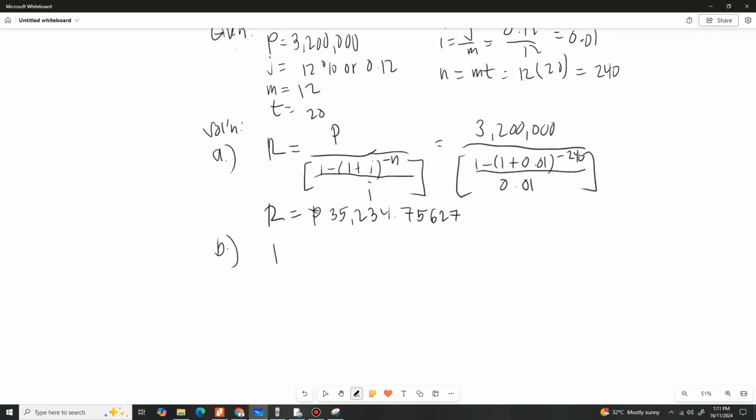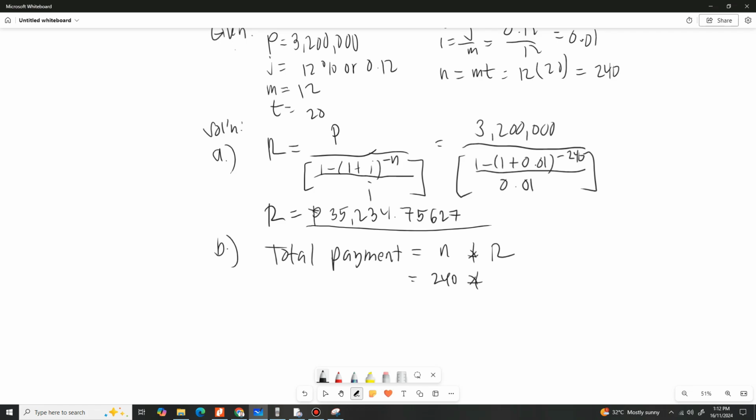For letter B, what is the total interest to be paid? First, we compute for the total payment. Total payment is equal to the number of payments times the regular payment. N is 240 multiplied by our R, 35,234.75627.